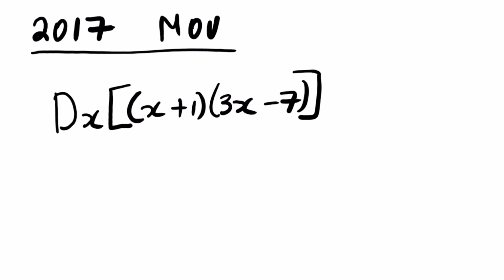November. Now we are looking for the derivative of the following function. We start by simplifying. So x multiplied by 3x is 3x squared.